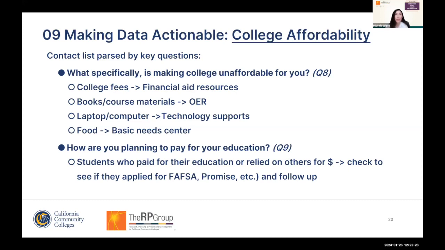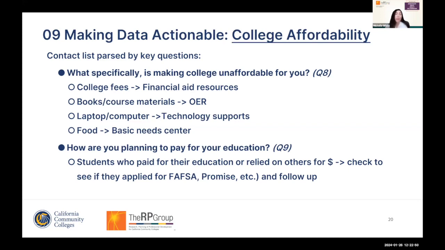Other students might say technology, like getting a laptop or a computer in order to complete classwork or take online classes, is a challenge. So help them connect to things like loaner laptops, hotspots your college might offer, areas where there's free Wi-Fi, things like that. Food is also an issue we saw for many students, and other basic needs that they're struggling to address.